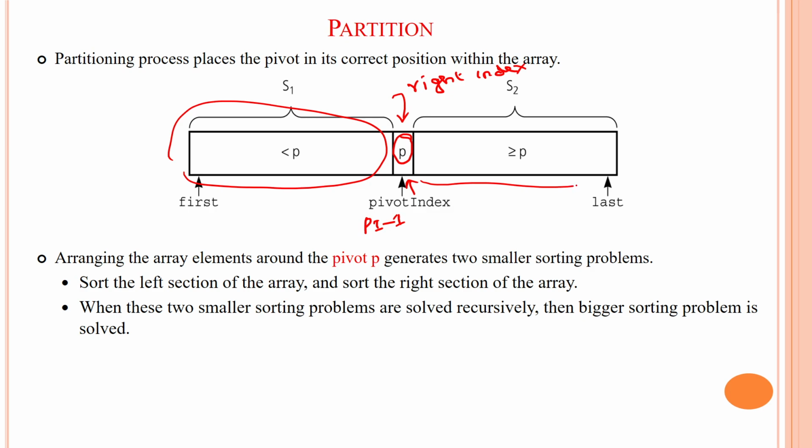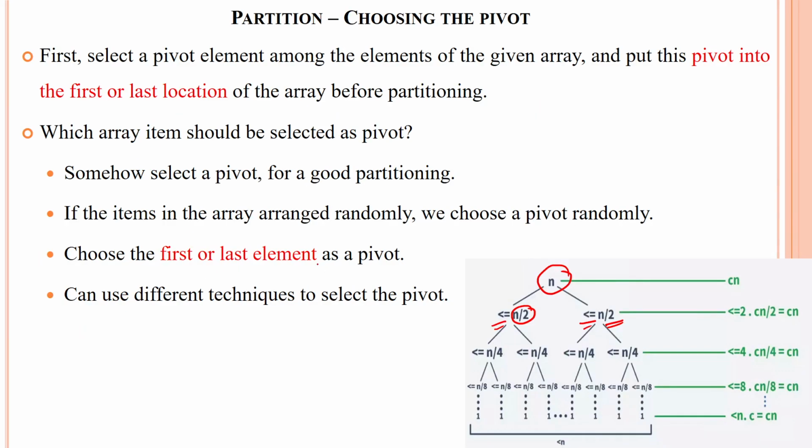Here also we will take pivot index plus 1 to the last element. So this is also less than or equal to half of the elements. That's why we are saying here less than or equal to n by 2.